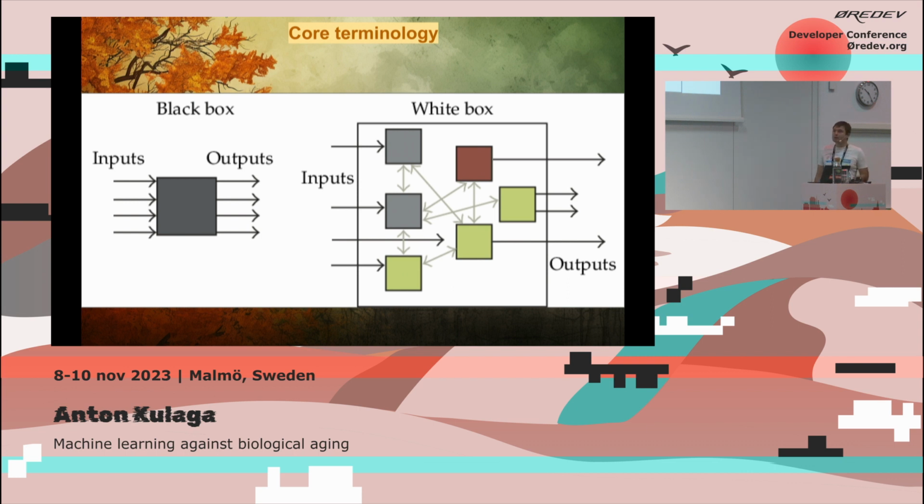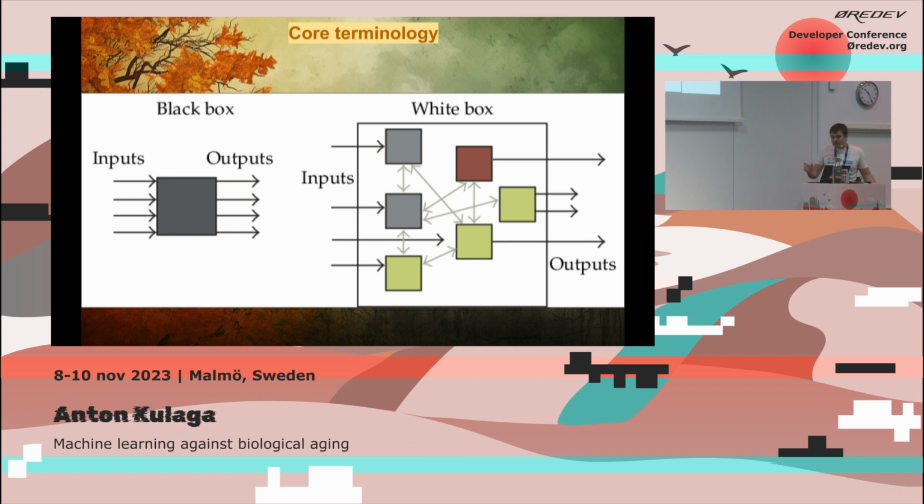The problem is that there are two types of models. White box models like linear regression or, for example, decision tree. We can more or less have an idea what is happening inside, but those models are not the most accurate. The most accurate are often complicated things like neural networks, that are totally black box.